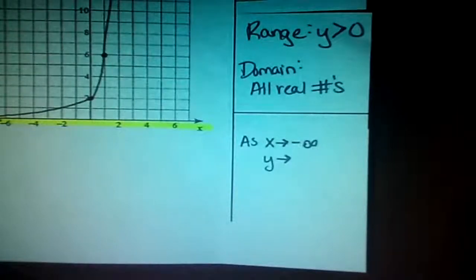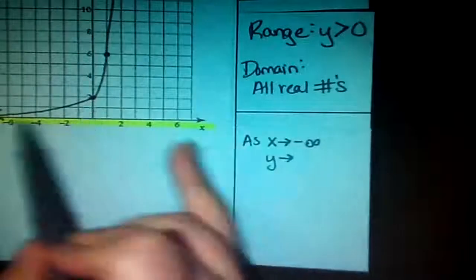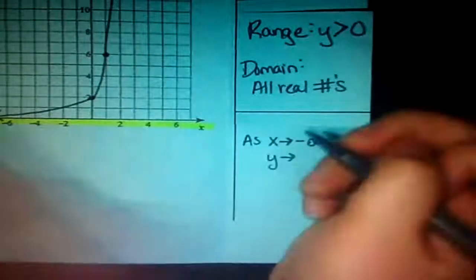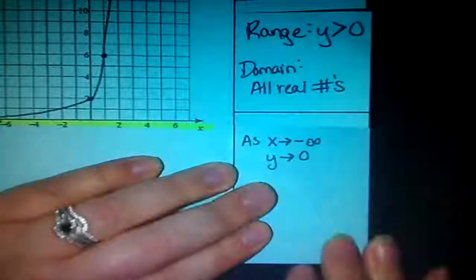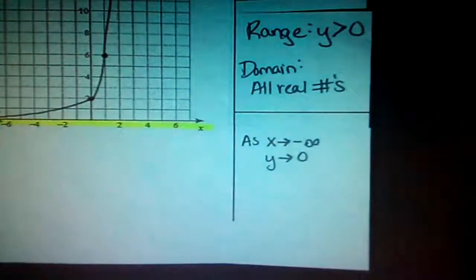So, as x is approaching negative infinity, my graph is leveling off at 0. So, y approaches 0. If you're reading it and however your x is going, if it's starting to level off, it will approach that asymptote no matter what.